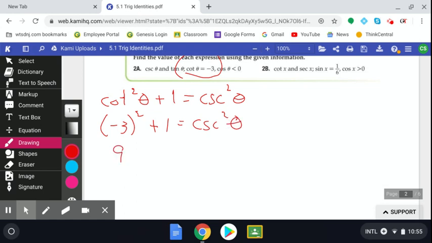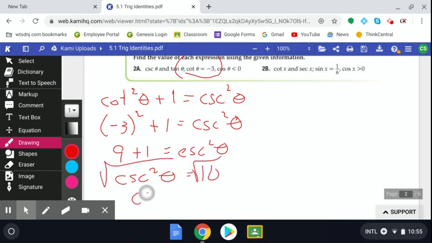This is 9, and 9 plus 1 is cosecant squared theta, which means cosecant squared theta is 10. Square root both sides, and you get cosecant theta is square root of 10, and it must be positive.